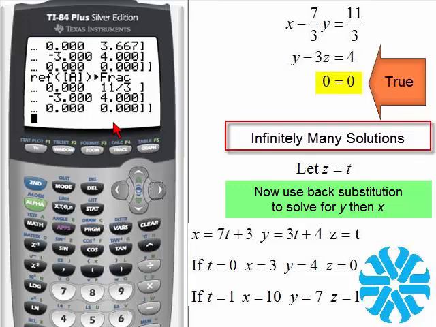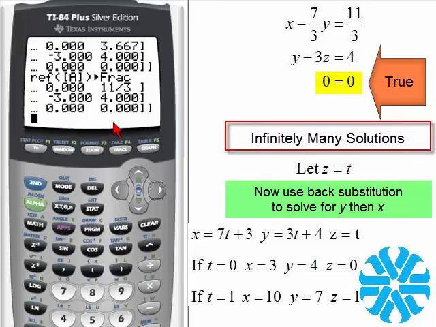Now what you're going to do is let t be any value that you want. This is where the infinitely many solutions come in. Let's pick an easy value for t. Let's say t is equal to 0. Then x equals 3, y equals 4, and z equals 0.